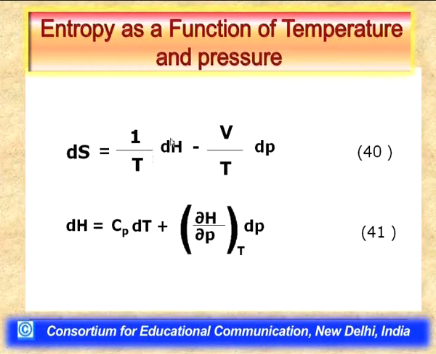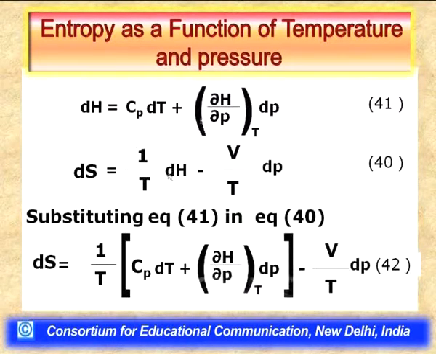Here it involves the term dH. So instead of dH we can substitute the right hand side expression in equation 41. All we need to do is substitute equation 41 in equation 40. What we get, dS equal to 1 by T, for dH we write in bracket Cp dT plus (∂H/∂P) at constant T dP, minus V by T dP.